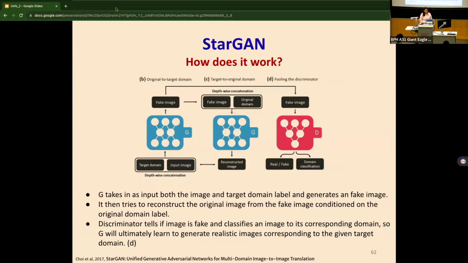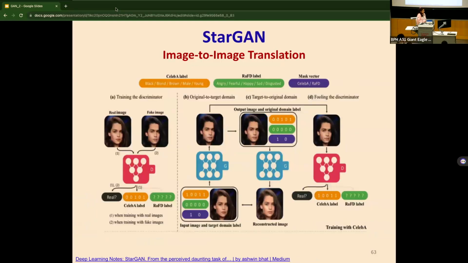So the difference here is what? Even CycleGAN was able to tell you whether an image is real or fake, but here you are also able to figure out what domain it lies in after the image is generated.